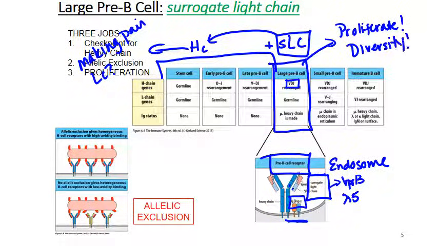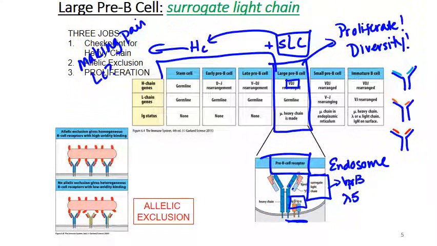So now this one heavy chain that we made in the previous steps is going to be able to be paired with lots of different light chains that will be made in the next steps. So waste not, want not, right? We made one heavy chain, and now we're going to use it with lots of different light chains to create more diversity, all right?